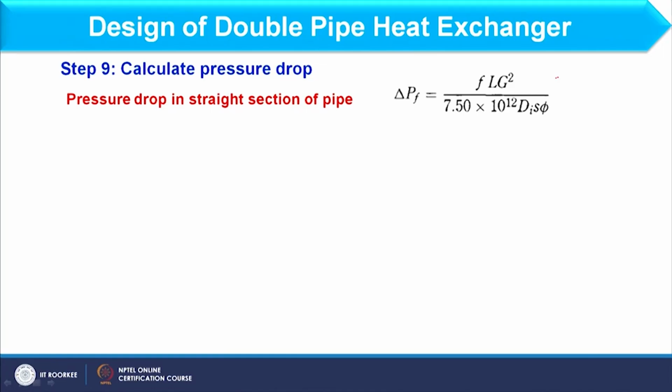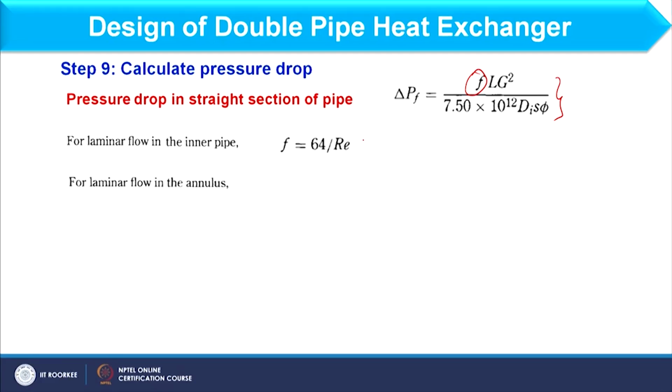To calculate this, we have this empirical correlation, and here we have this F factor, that is the frictional factor. It will depend on the type of flow. For laminar flow in the inner pipe, we can consider F as 64 by Re.